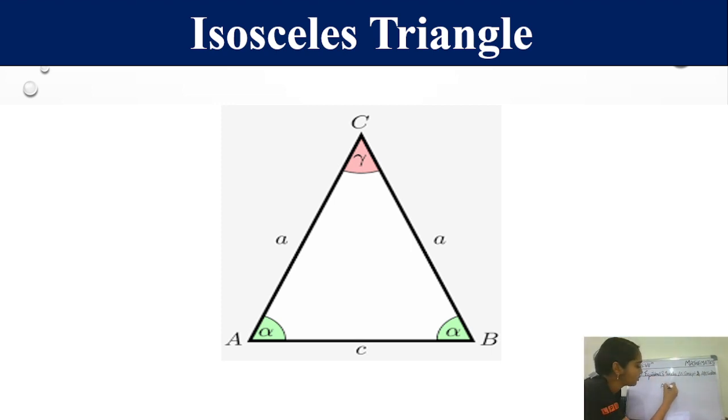AC and BC are equal to, students, A. And AB is different, which we can write as B. An isosceles triangle is a triangle in which two sides are of equal length. Here AC and BC are the two sides of this triangle which are of the same length A. So this is an isosceles triangle.